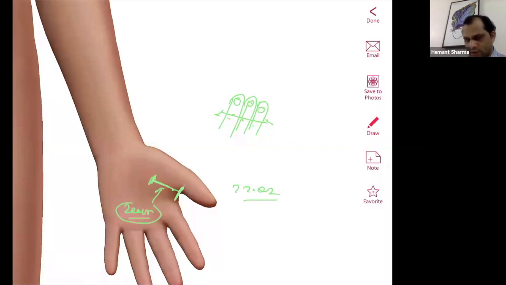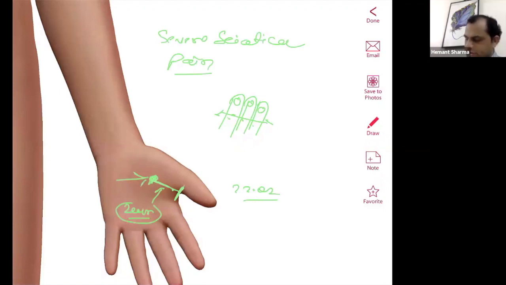For right now, I just want to tell you this point. If we insert the needle from here toward the Lingu, then this point works for severe sciatica pain. I did this today.